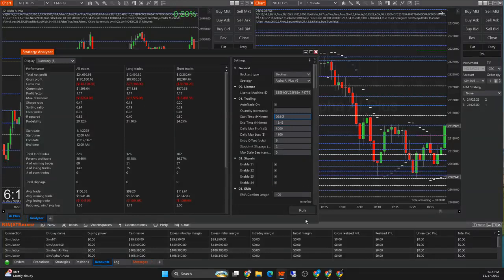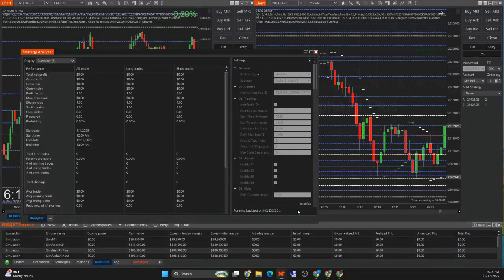Let's see if you trade the pre-market template and see what's going to happen with this $3,000 profit and higher time frame. We'll see.